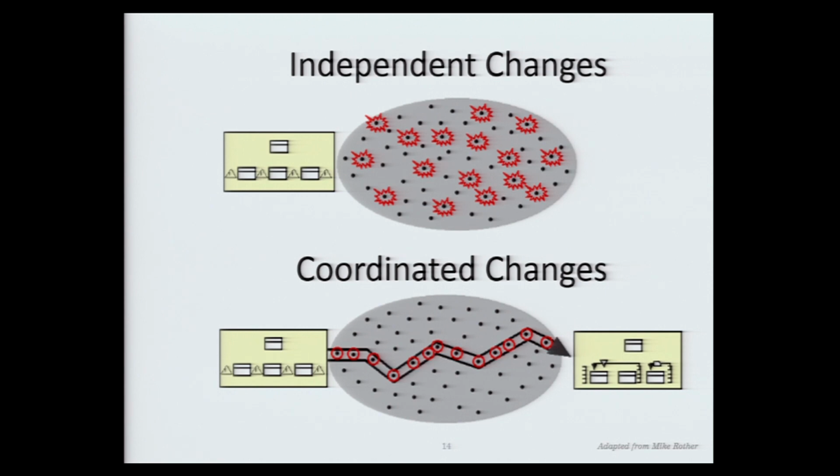Another effect that we get from all these independent changes is very frequently they're not coordinated to add up to a solution. So each team is fixing the thing that is the most important to them at this particular time. And if you have, say, testing in one group and development in another group, I know you're not supposed to in Agile, but I know a lot of people do.